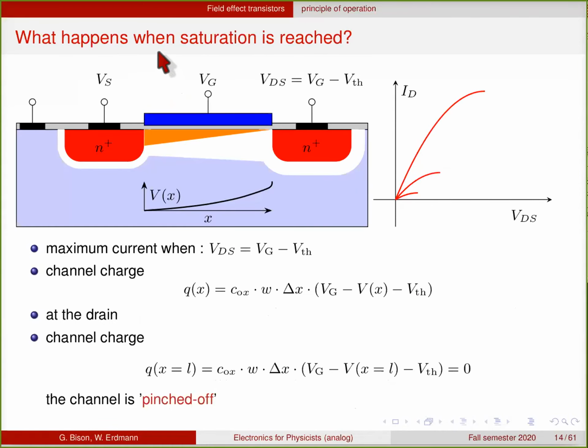Okay, now let's look at what actually happens when we reach this saturation. So we said the current maximum is reached when the drain source voltage is V gate minus V threshold.